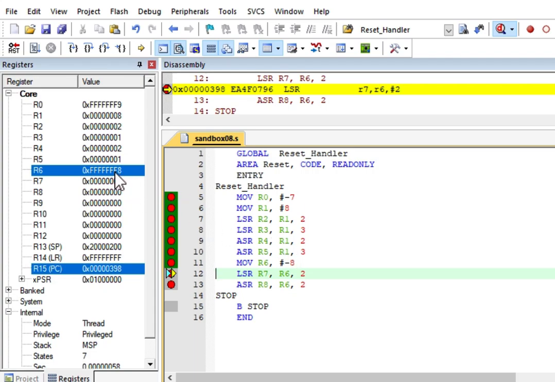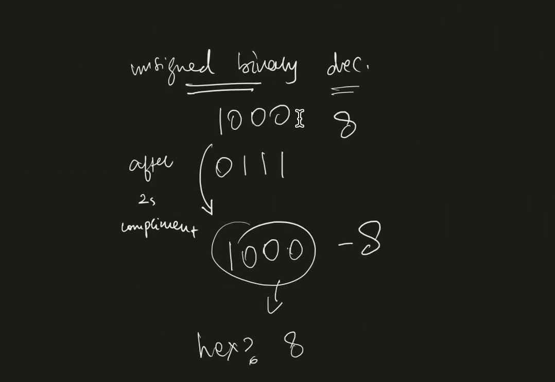But there's a difference between a positive 8 and a -8. You see all these F's behind this 8. Again, all of these F's are there because in the positive representation, notice there were all zeros behind this, and to represent it in negative, those zeros got inverted and they became ones, and in hex that would be represented as F's.